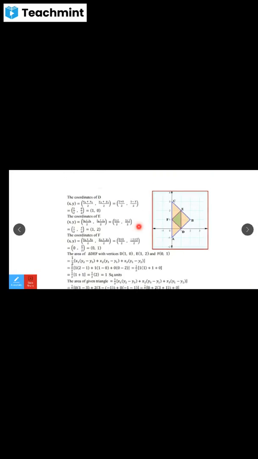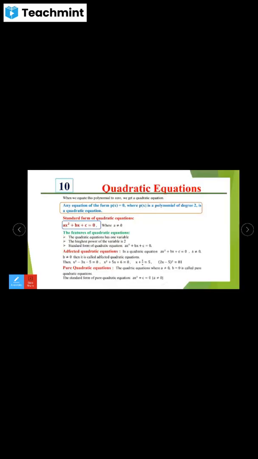Next, you can also take the screenshot of these 2 sentences. Okay, have you all finished? Yes, sir.